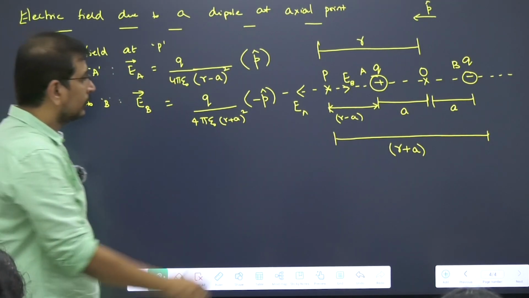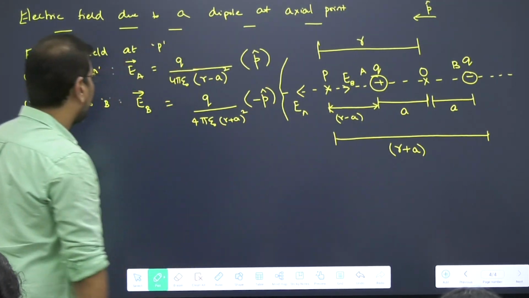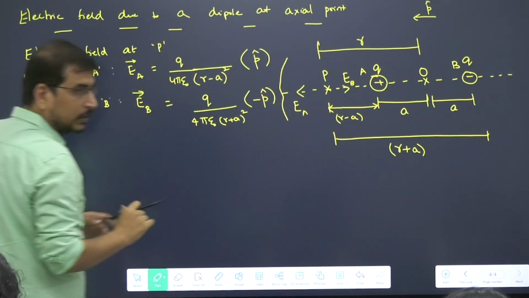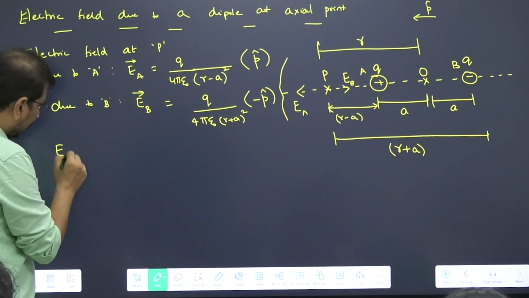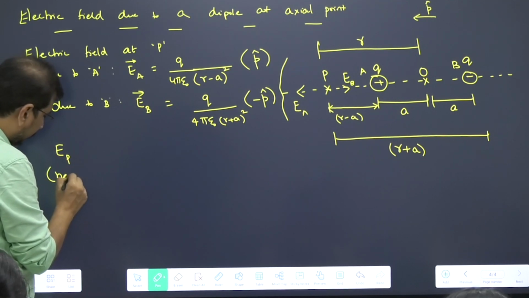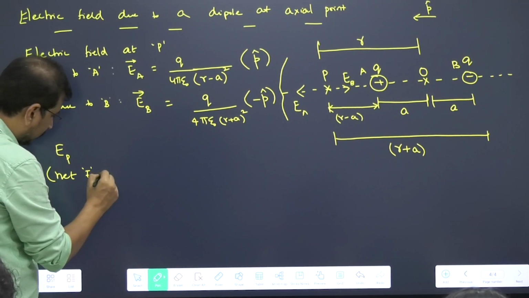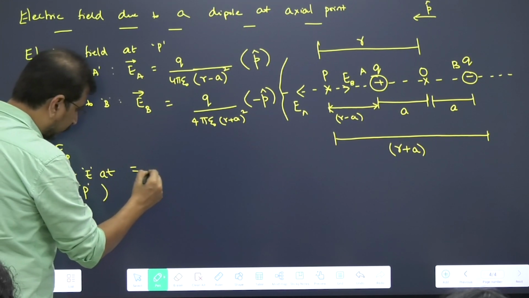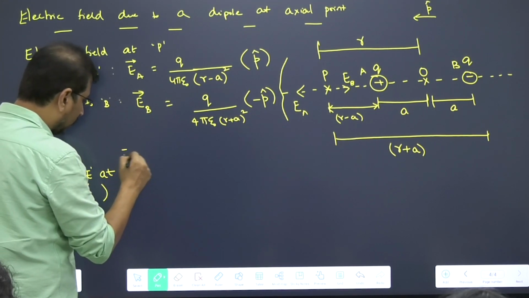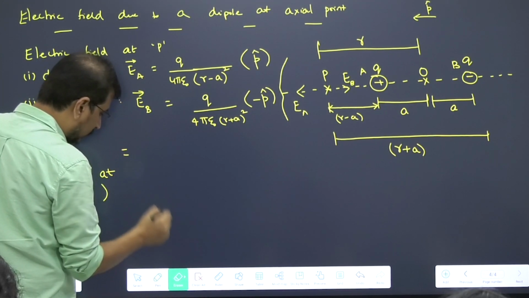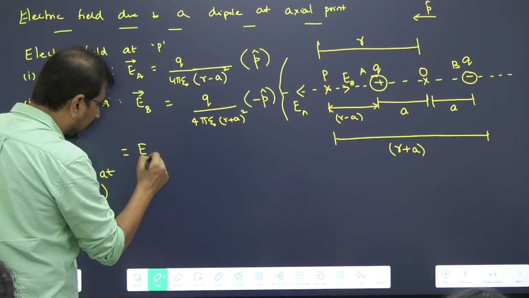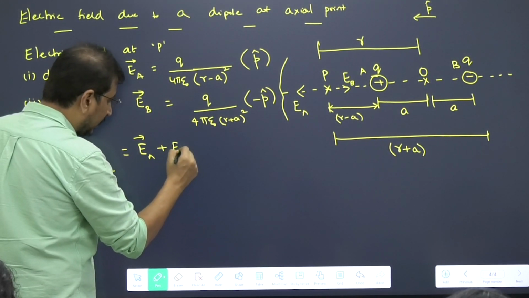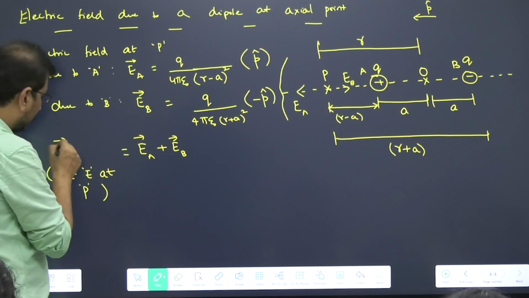Makes sense, right? Now, you observe this is a vector quantity, there is another vector quantity. So what is going to be the net electric field at P? So it is going to be EA vector plus EB vector. Here also I need to put a vector symbol.